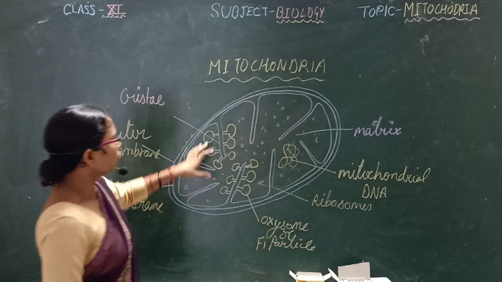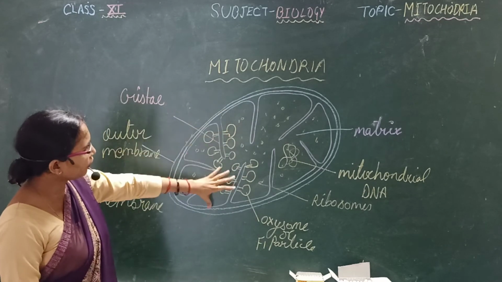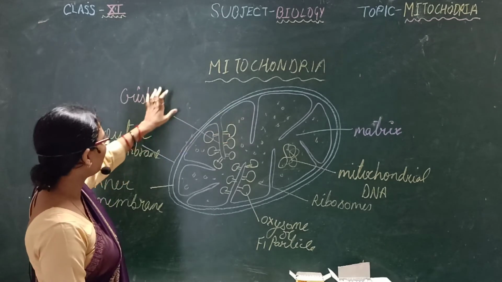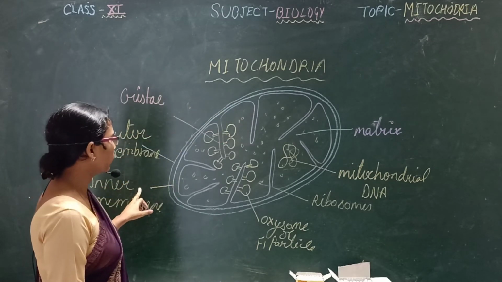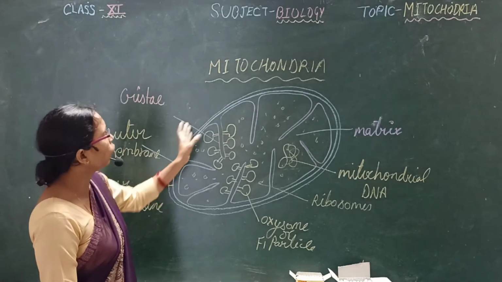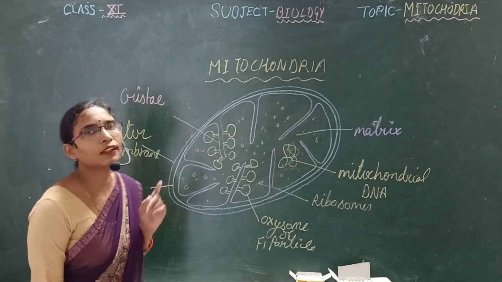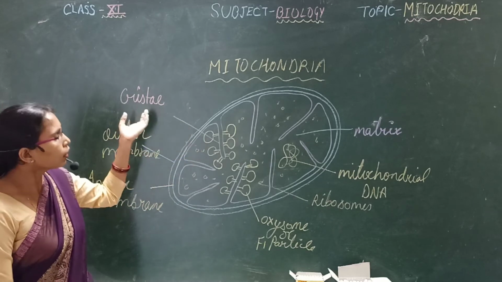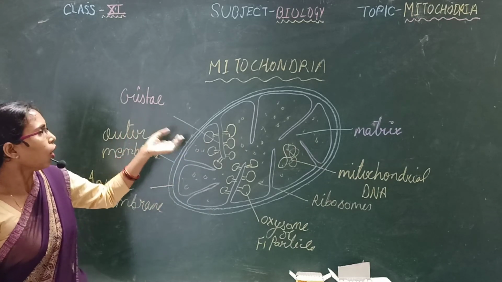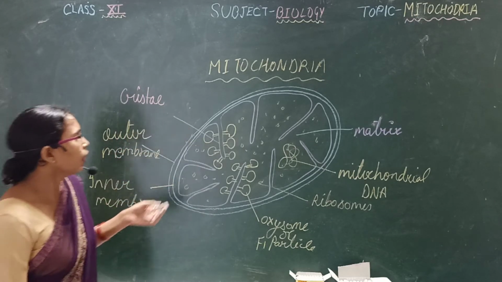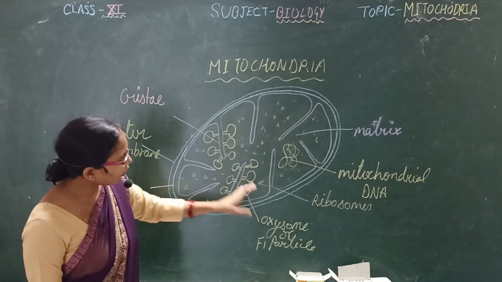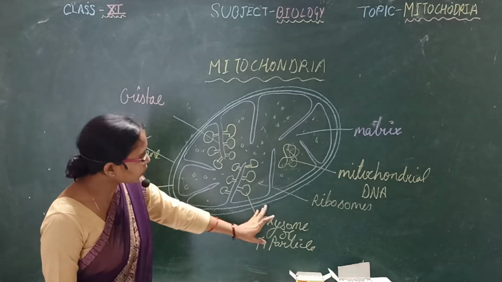Okay. So it's a mitochondria in which two membranes are present, the outer membrane and the inner membrane. The inner membrane is folded and forms the finger-like projections, known as the cristae. On the surface of the cristae, tennis racket-like structures are present, known as the F1 particles or oxysomes.